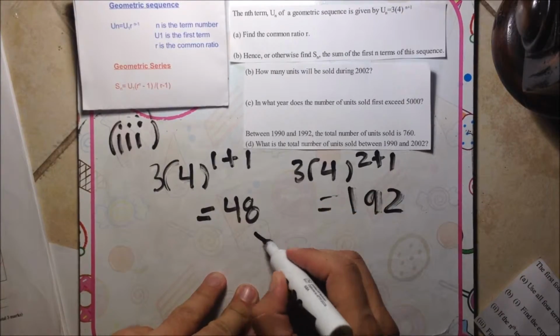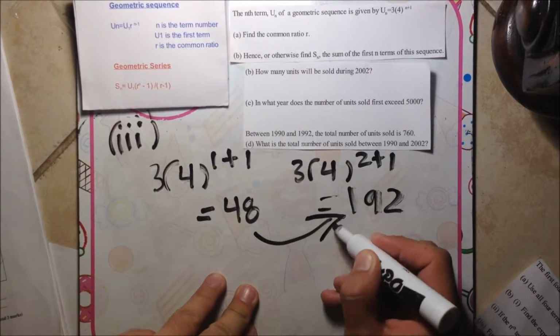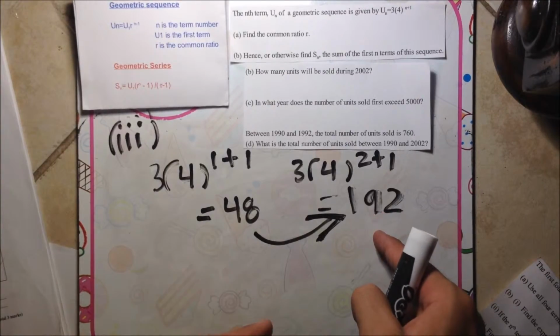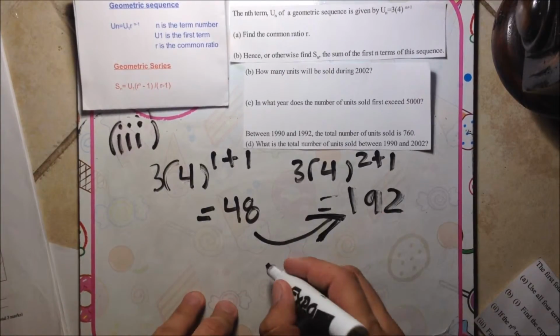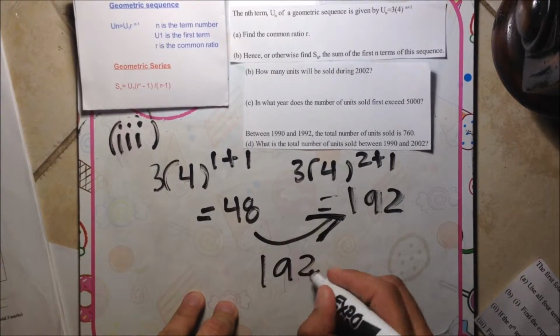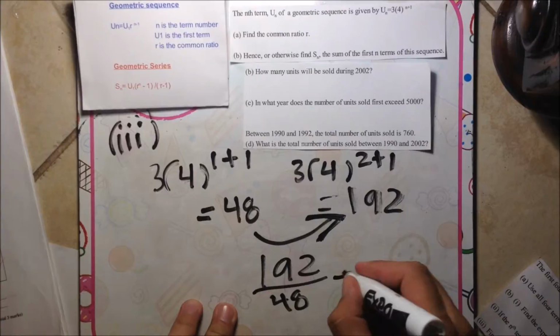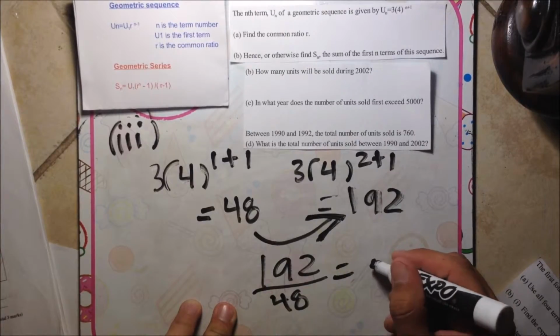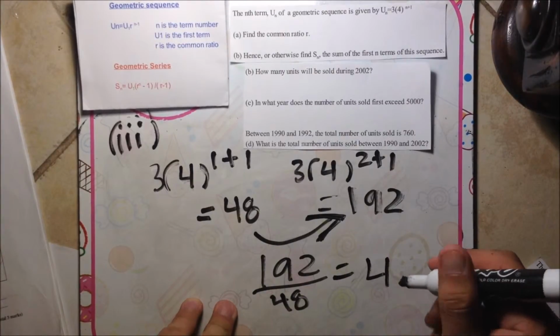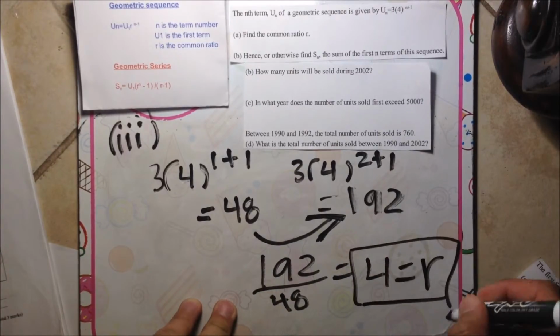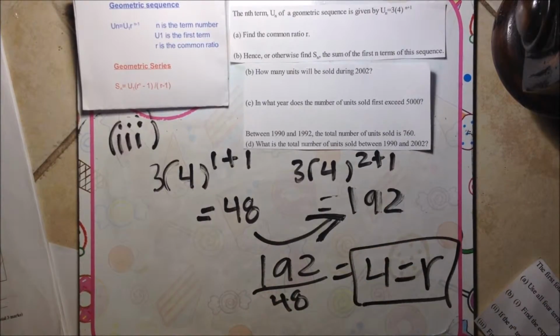So 48 is multiplied by some ratio, and you're getting the number 192, and we're trying to find the ratio. To do this, we just divide 192 by 48, and after doing this, we find that it equals 4. So therefore, we know that the common ratio r is 4 for this given geometric sequence.